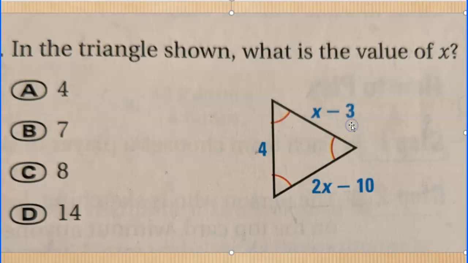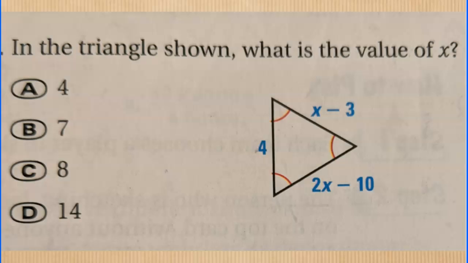Well, we did one that was similar to this. I have congruent angles, which means that I have congruent sides. This is another one of those where I can just take this side and make it equal to that side. Therefore, I'm going to have x minus 3 equals 4. I'm going to add 3 to both sides, which means x equals 7. I don't have any multiple choice on the test, but just wanted to do one more practice problem.